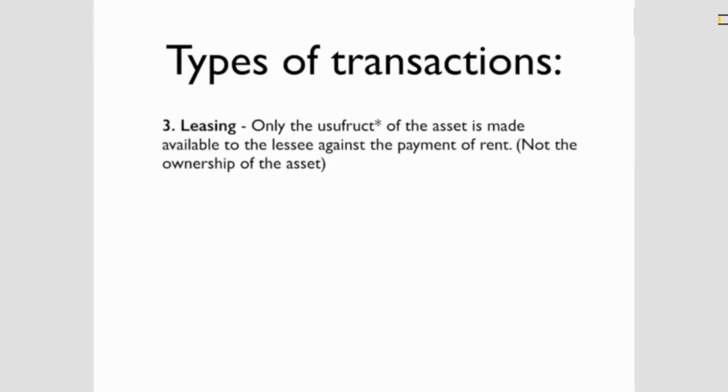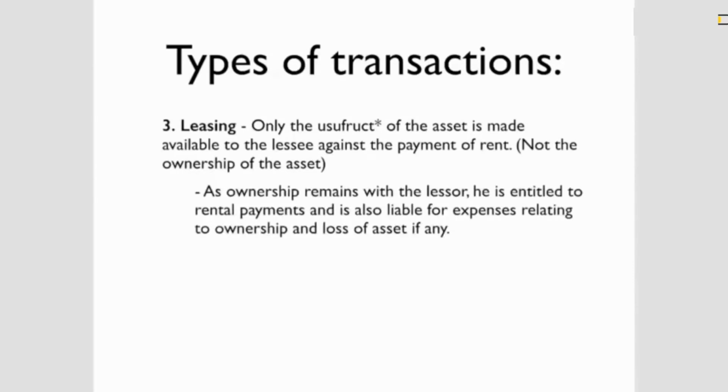In this case, the ownership stays with us. We are still responsible, but that person remains temporarily the party that is using the asset. So ownership remains with the lessor, but he is entitled to rental payments and is also liable for expenses relating to ownership and loss of the asset, if any.